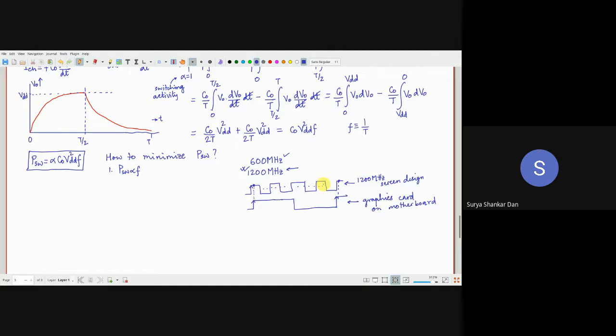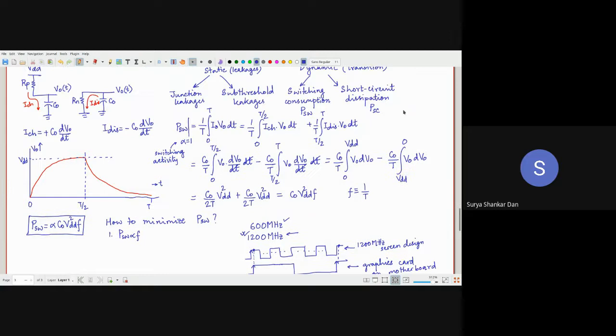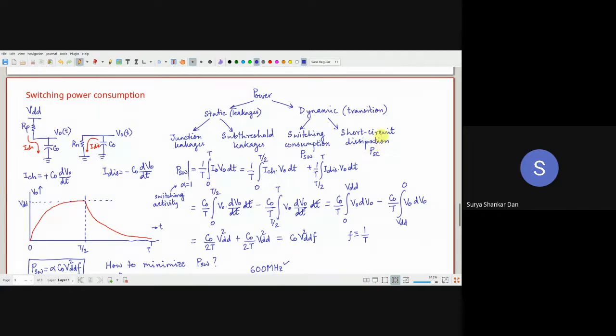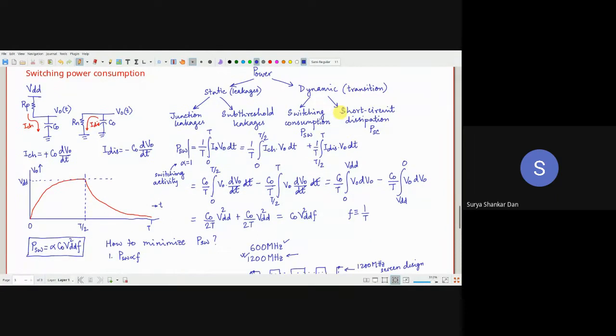Therefore, unless it is specifically necessary to go for high frequencies, do not go for high frequency designs at all. You are simply increasing the switching power. In fact, later on we will see that even the short circuit power is directly proportional to the frequency. So your dynamic power in general will increase with the frequencies.